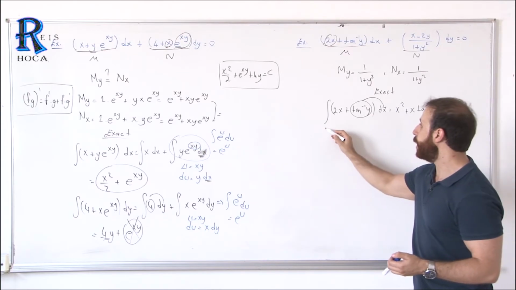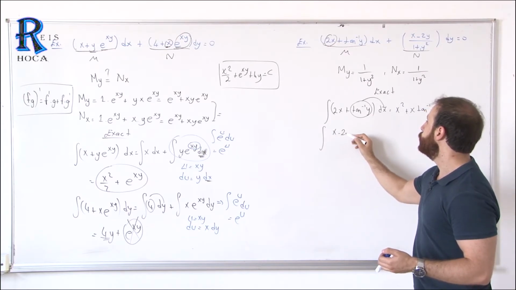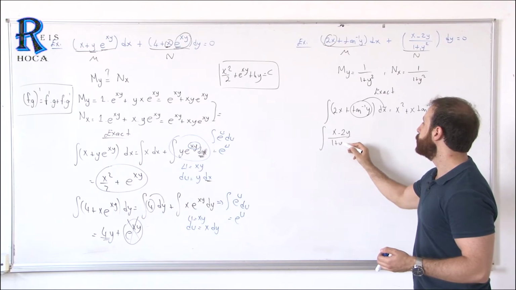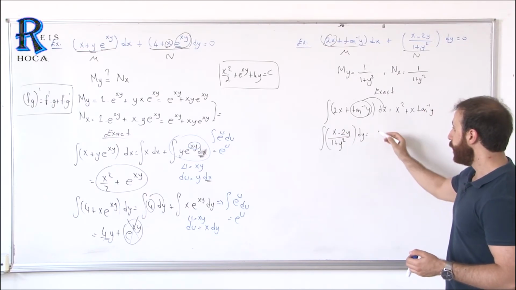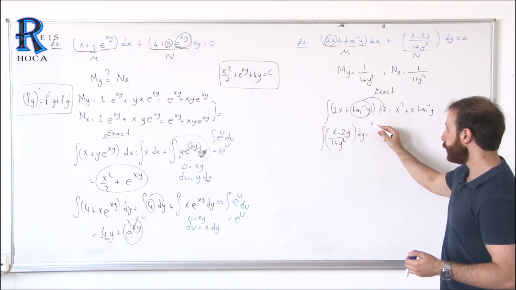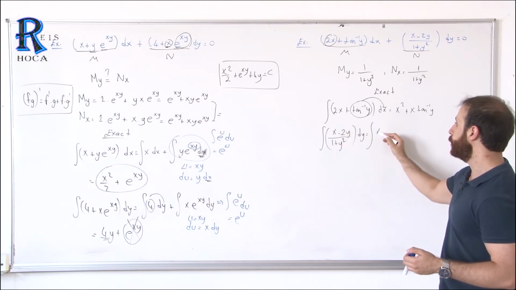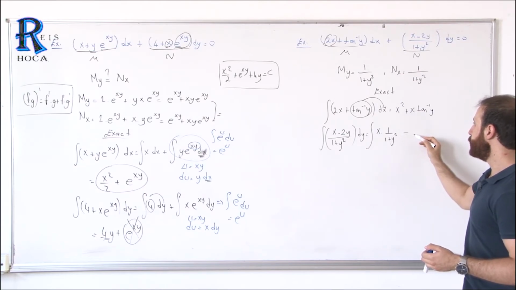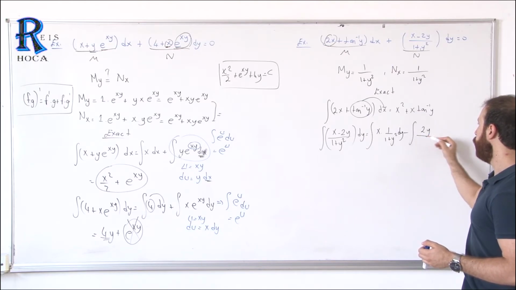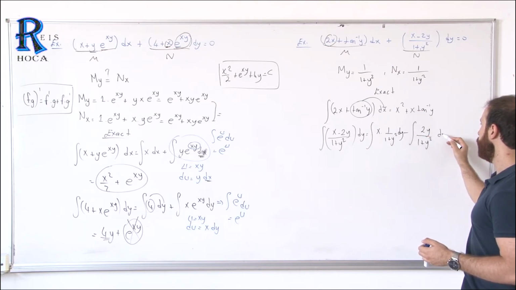And the second integral is important for us: x minus 2y over 1 plus y square with respect to y. Let's separate it. We will write x over 1 plus y square minus 2y over 1 plus y square dy.